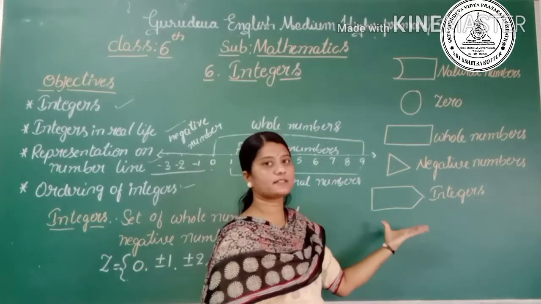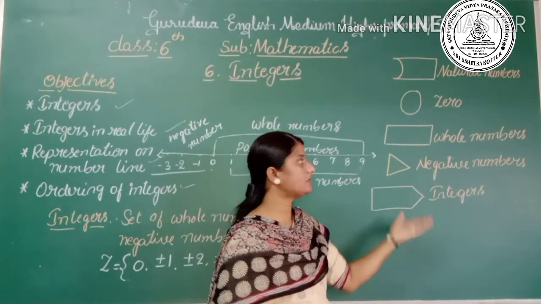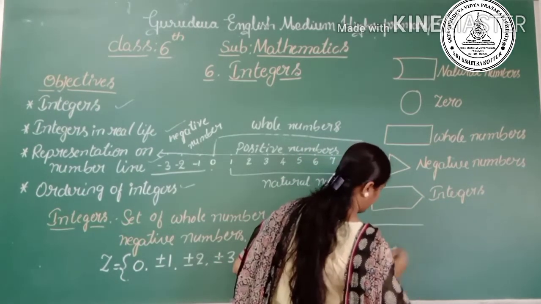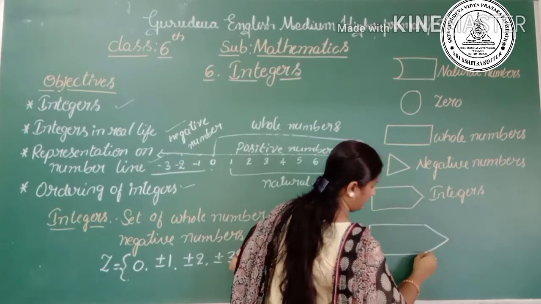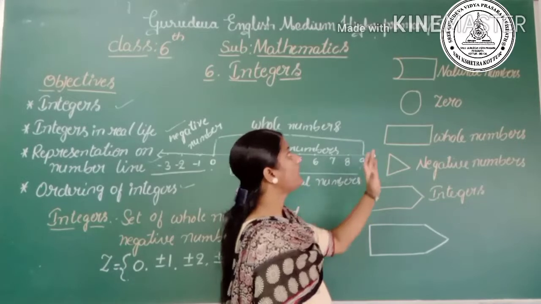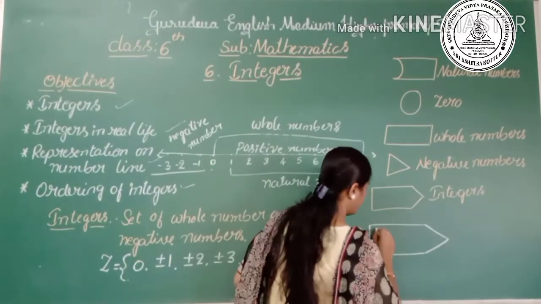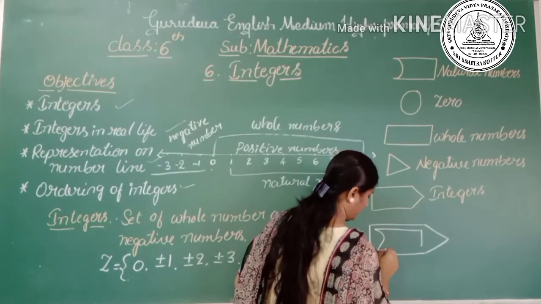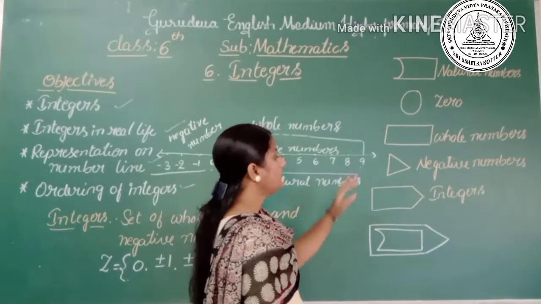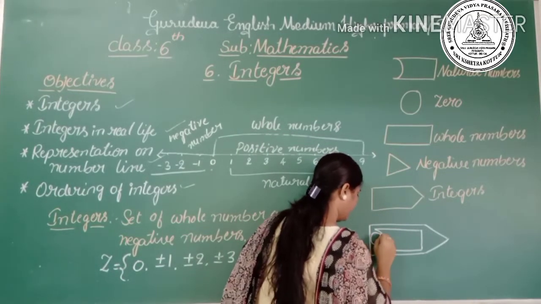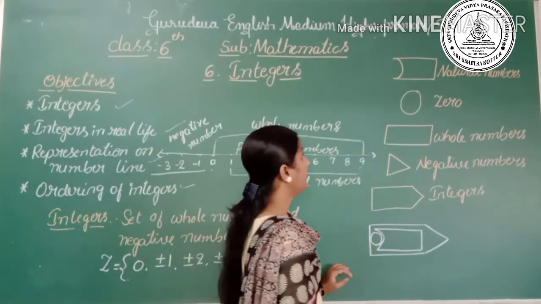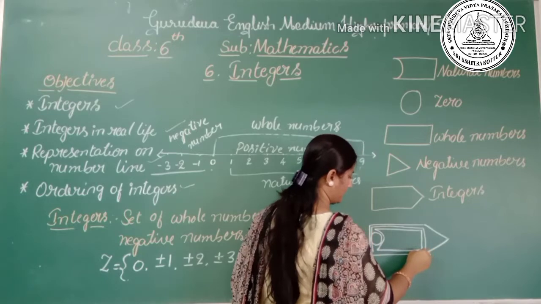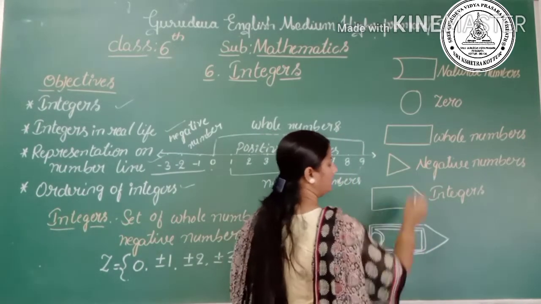Then let's see how the integers are a collection of positive numbers and negative numbers along with zero.